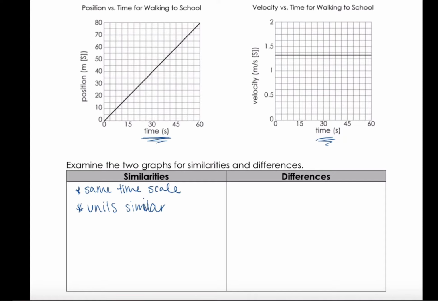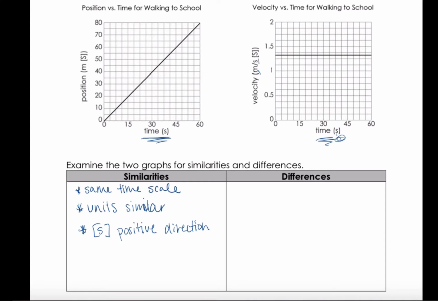We see seconds, we see meters, and on this side we have seconds, meters, seconds. So they're not exact, but they are similar. And the positive direction is the same. South is the positive direction for this given scenario.